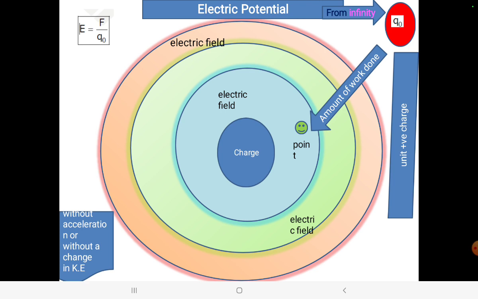Why I specifically mentioned this: the electrical potential, that is the work done on the unit charge, depends on the charge which we take. If I take 1 coulomb charge, already we know the charge depends on mass. If the mass varies, conversely the influence also varies, that means the charge is also different.